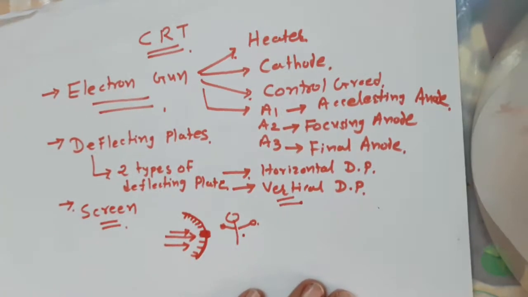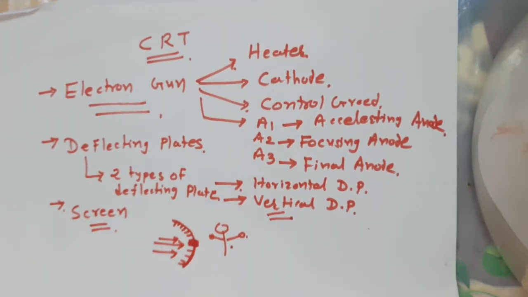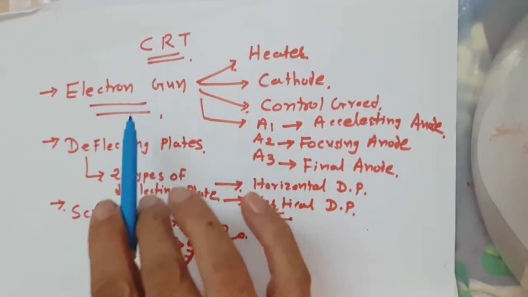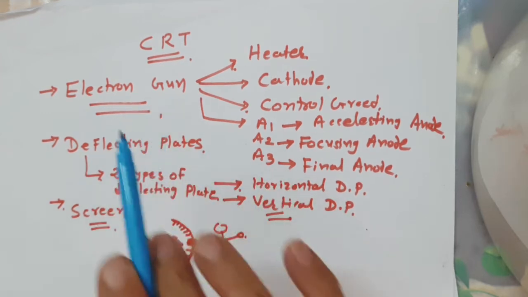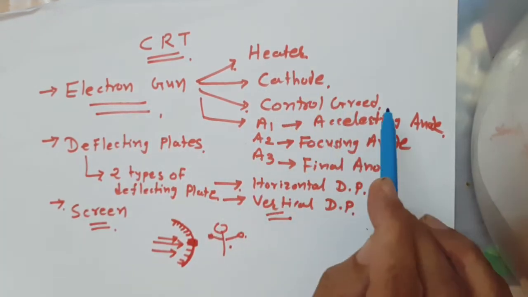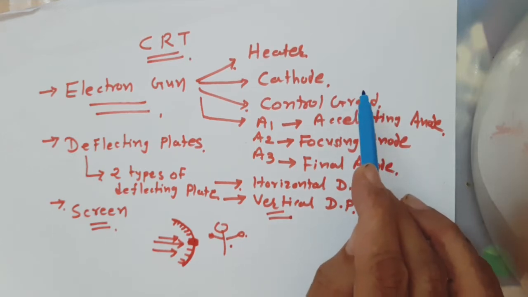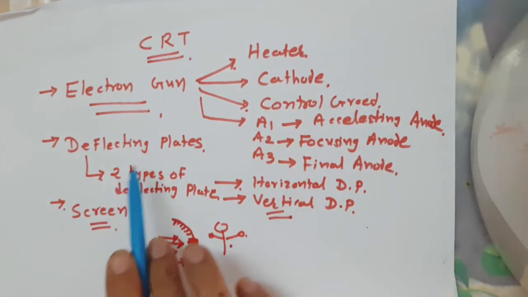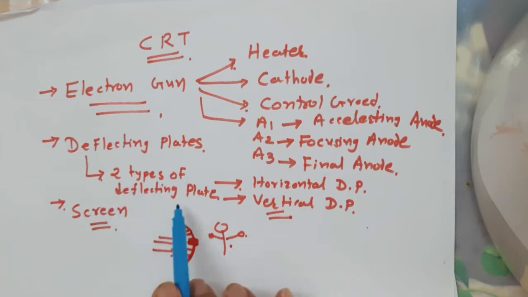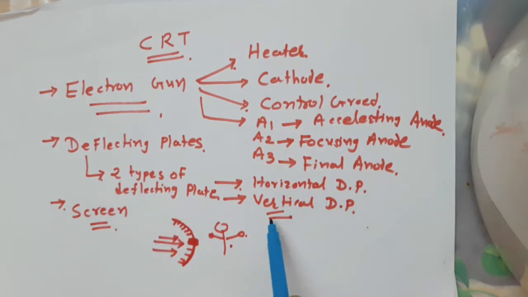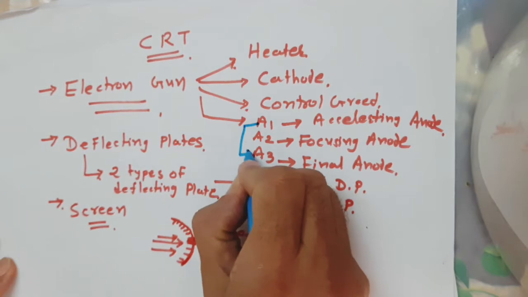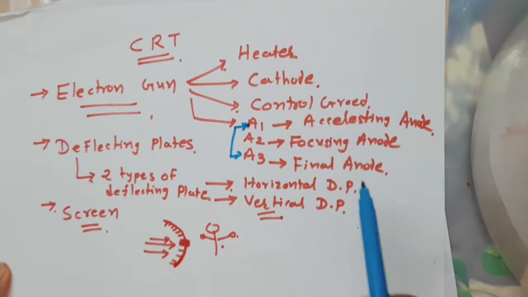The last one is the CR tube. In the CR tube there is the electron gun, made of the heater, cathode and control grid. The second part is the deflecting plates, of two types: horizontal deflecting plates and vertical deflecting plates. The other three electrodes in the electron gun are the accelerating anode, focusing anode and final anode.